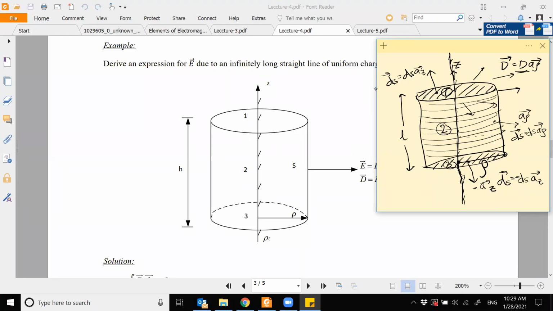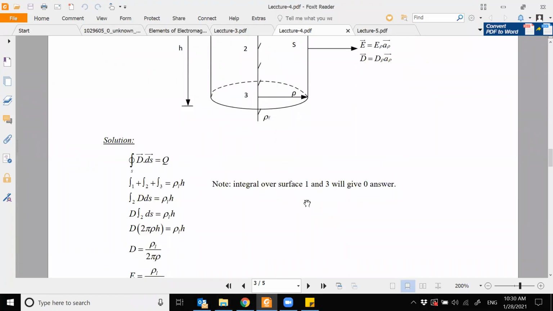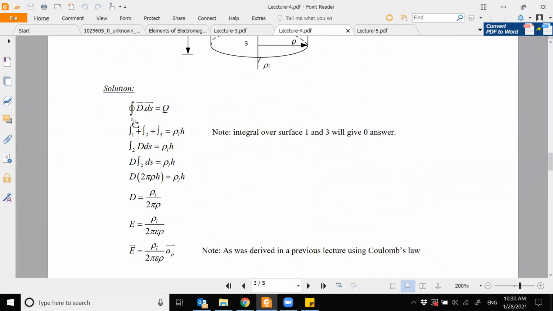So the only surface that contributes is the side surface, because there D bar dot dS bar is a rho dot a rho. See here, the closed surface integral of D bar dot dS bar is equal to the charge enclosed.